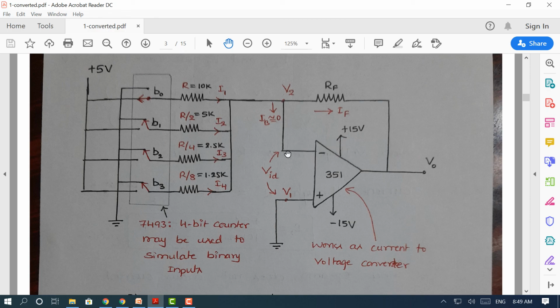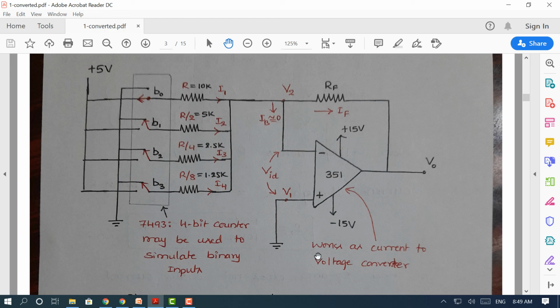The op-amp is used in inverting mode since we apply input signals to the inverting terminal, and the non-inverting terminal is grounded. The voltage at the non-inverting terminal we call V1, that's grounded. And the op-amp has implicit power supplies such as plus VCC equals plus 15 volts, minus VCC equals minus 15 volts.